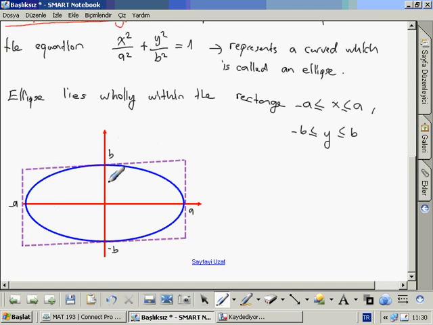The short one is the minor axis and the long one is the major axis of the ellipse.